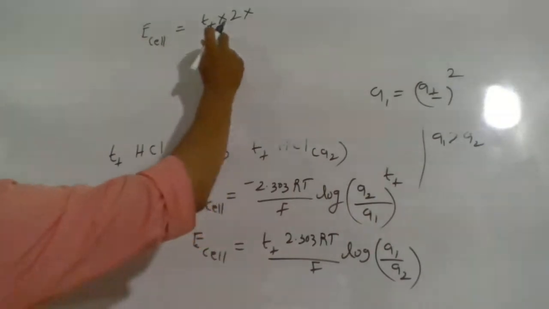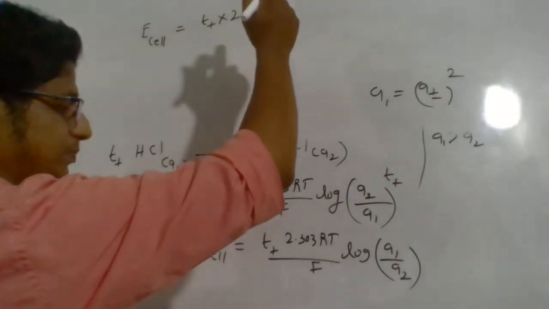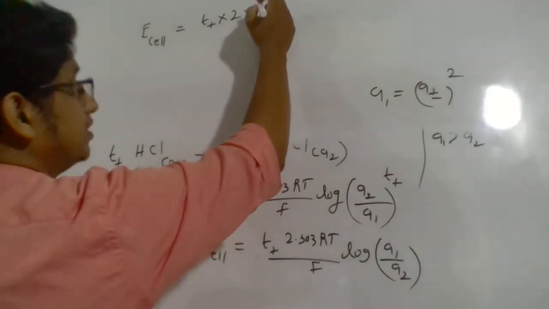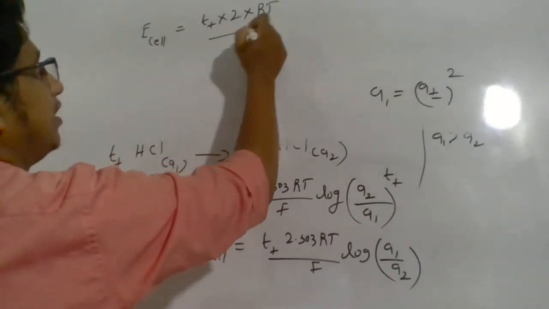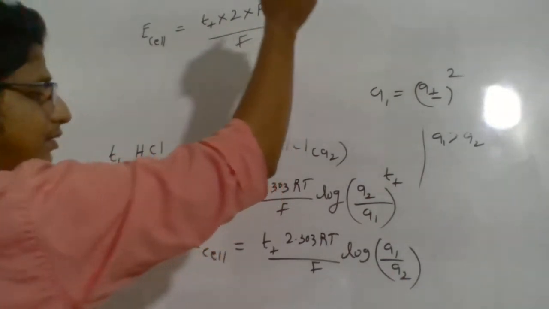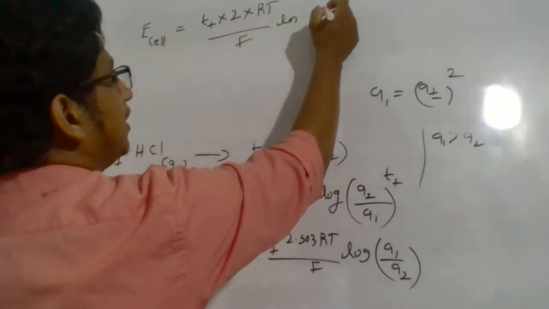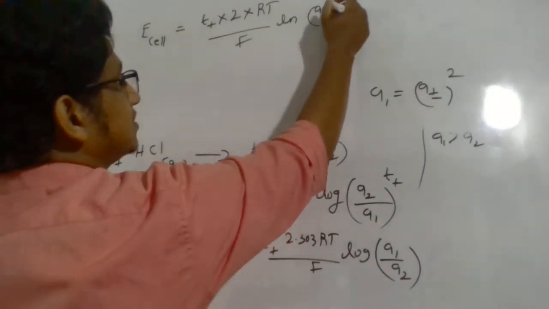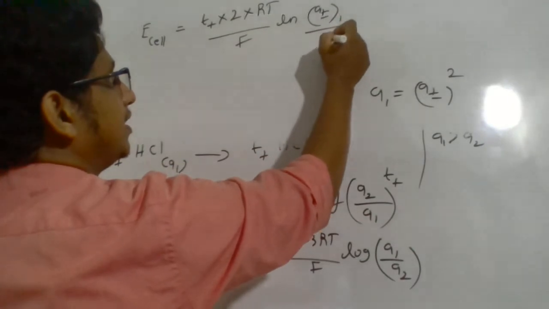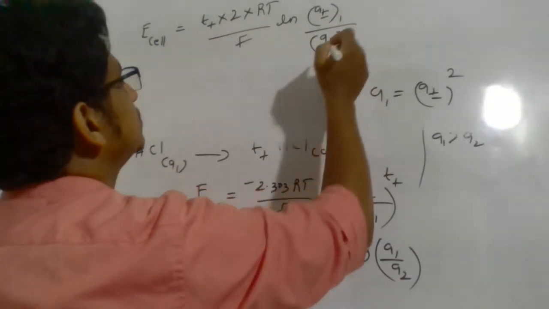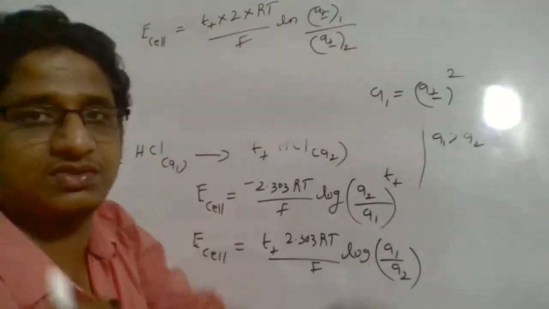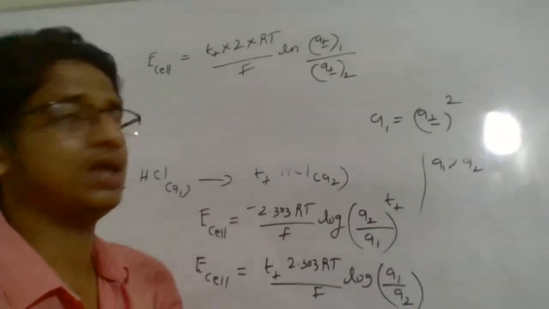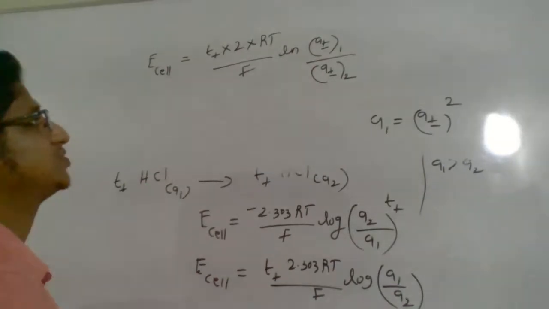So like that, 2 will come. So 2 t plus 2 into RT by F ln a plus or minus 1 divided by a plus or minus 2. So this is the way we express in terms of mean ionic activity, a plus or minus 1 by a plus or minus 2.